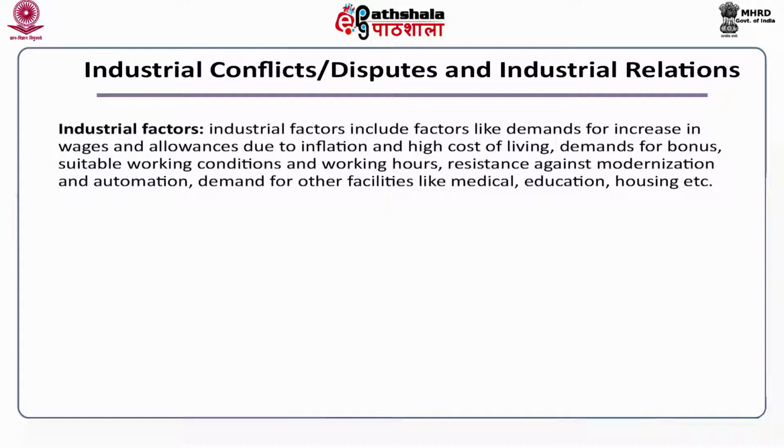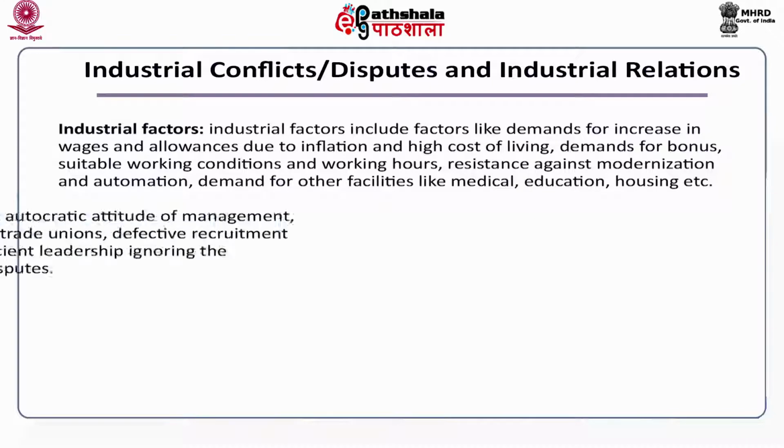The industrial factors include demand for an increase in wages and allowances due to inflation and high cost of living, demands for bonus, suitable working conditions and working hours, resistance against modernization and automation, and demand for other facilities like medical, education, housing, etc.